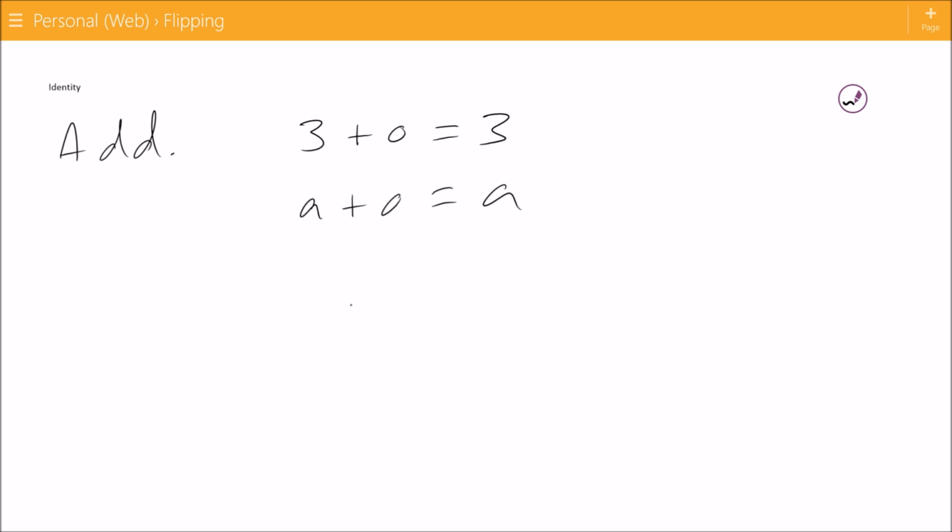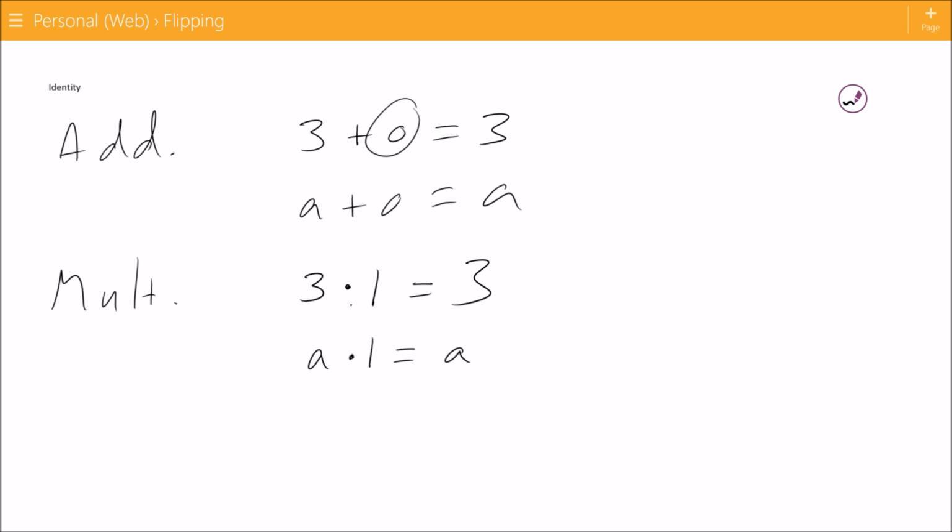It is itself. For multiplication, we are not going to use 0. What do you think might have a similar property in multiplication? Well, if we had 3 times 1, that gives us 3. Similarly, a times 1 gives us a.